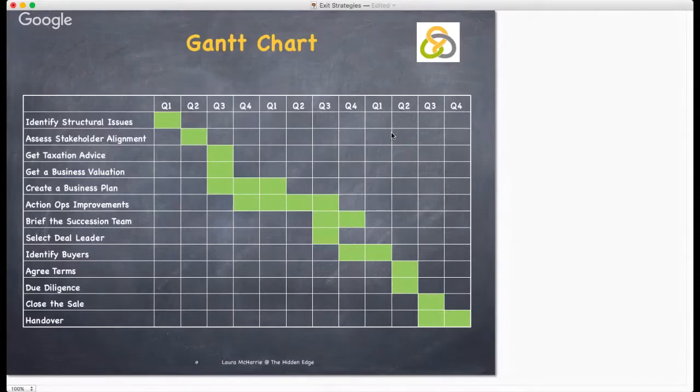For your disposal date, rather than setting a specific date, set a band of time of around 18 months to 3 years. For the current year and perhaps the next 2 years, it's advisable to divide the year up into quarters or maybe halves. In this case, we've got it in quarters.